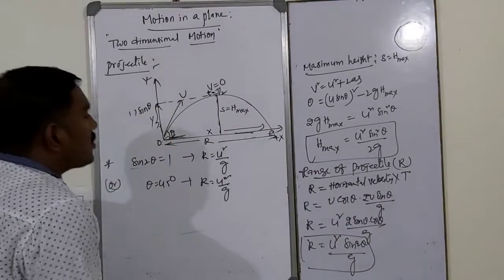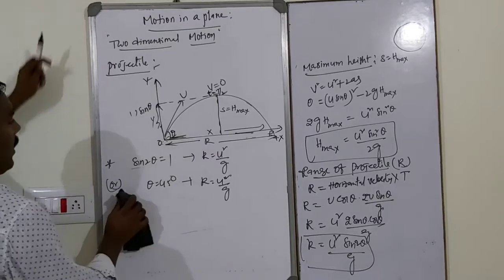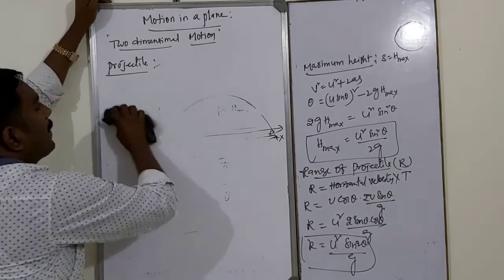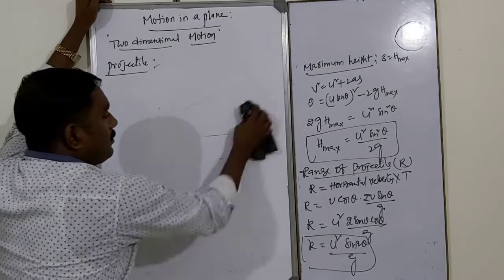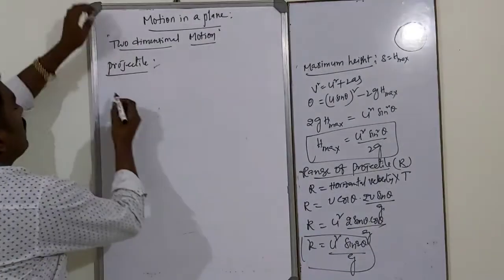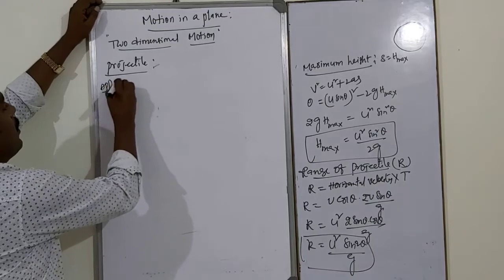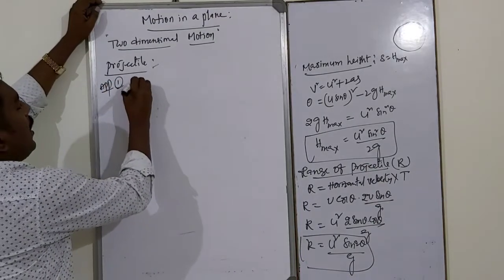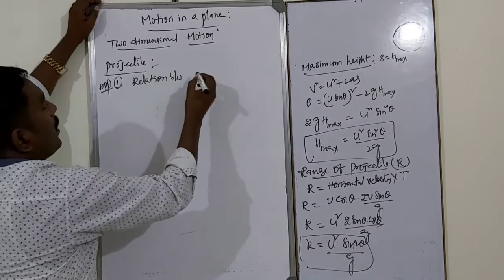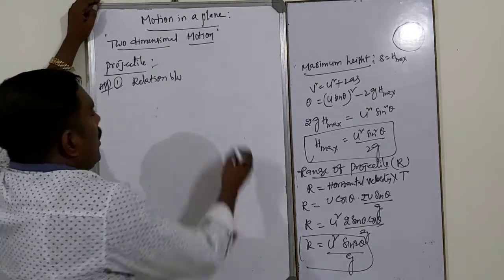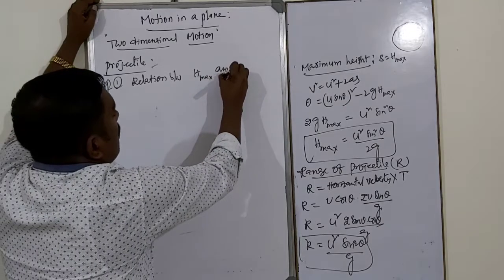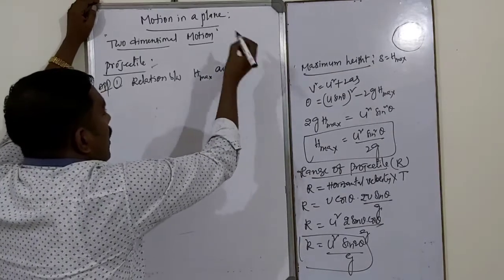Now, next one, another application, the very most important applications of projectile motion. Application 1: the relation between H maxima and R, that is, maximum height and range of projectile.